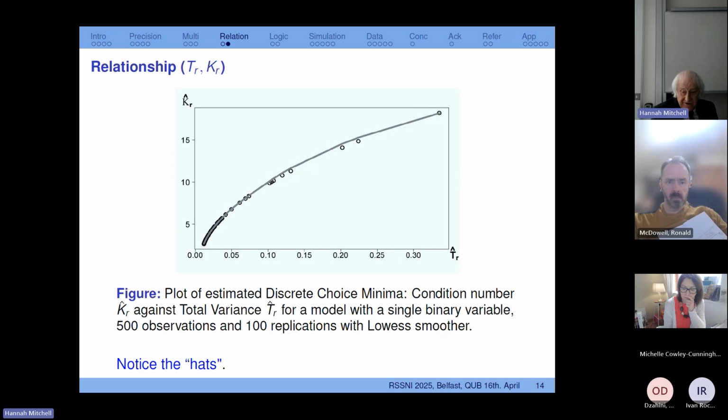You find that you have KR here and TR here, and as TR goes down, KR goes down. So we thought it would be a good idea, at least based on the fragmentary evidence that we have here, to explore further in this area.